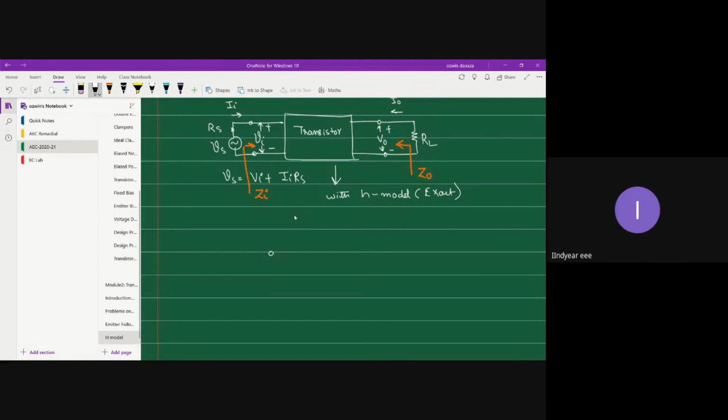So we have Hi, and then we have HR V naught. And on the output side, we have HF Ii and the admittance 1 by H naught.